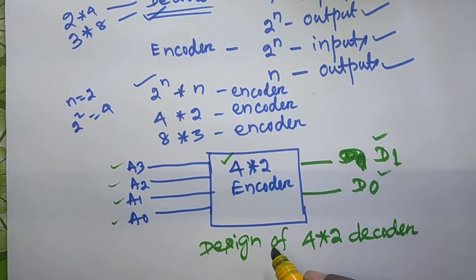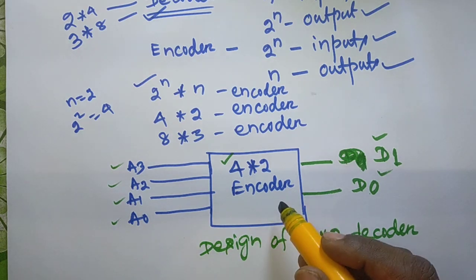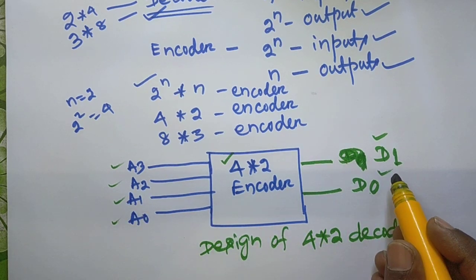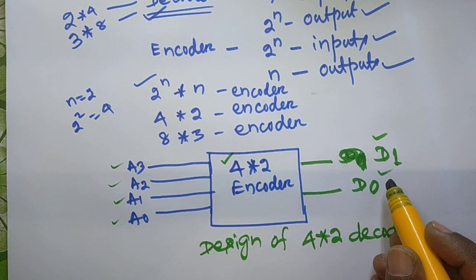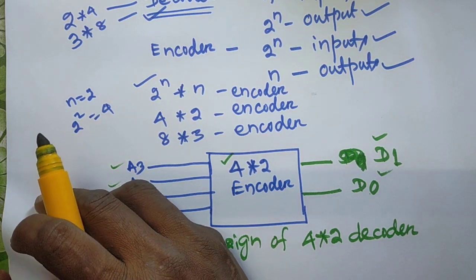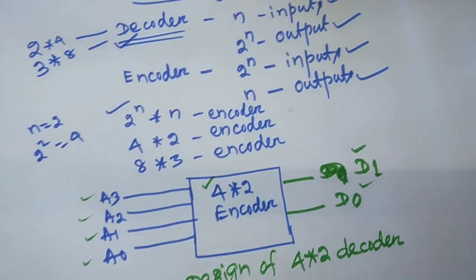But whenever you go through the truth table analysis, we will see how the 4 inputs are provided to the truth table and how they provide 2 outputs.